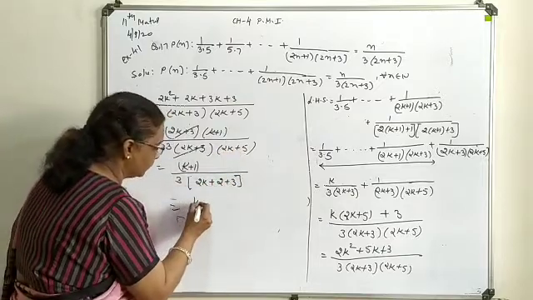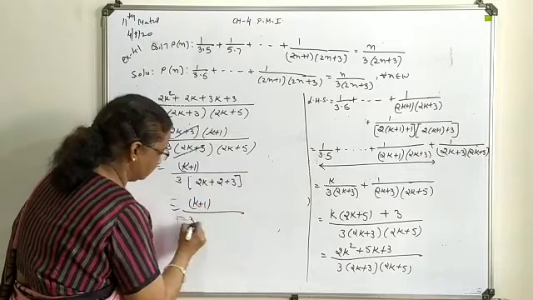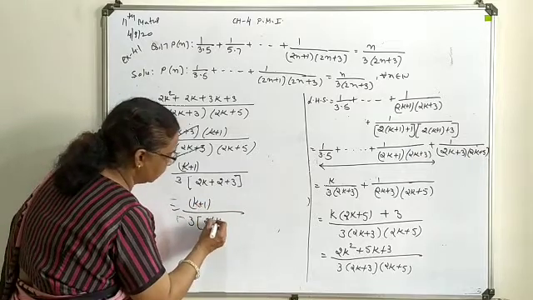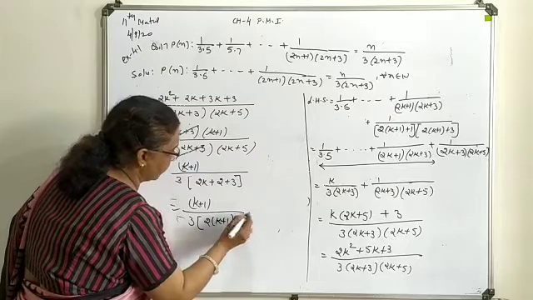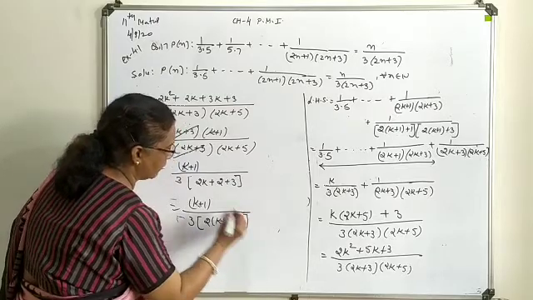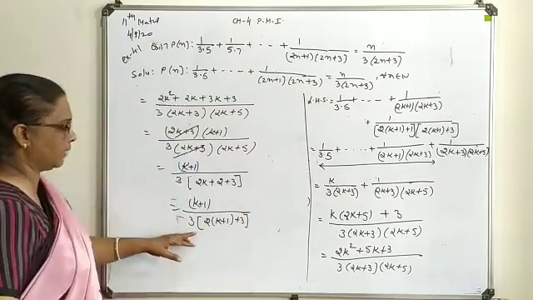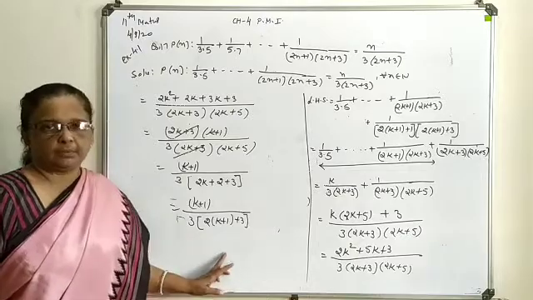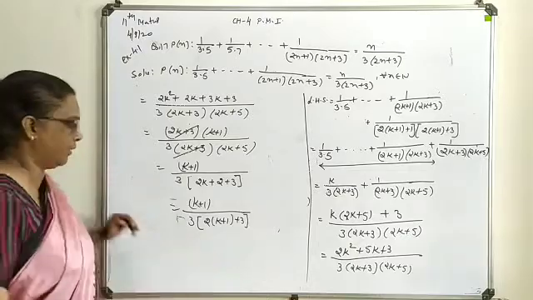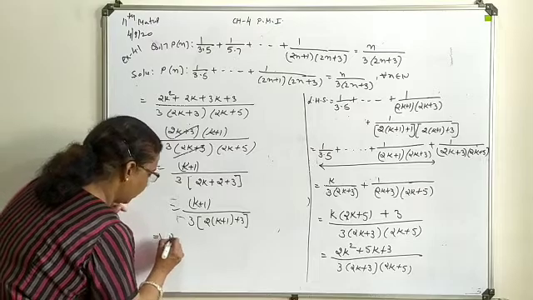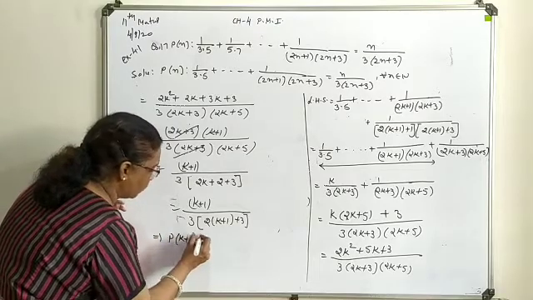Now from here, 2 is common, k plus 1 plus 3. Now you can see on right hand side, we have developed k plus 1 in place of n. So we can verify it here that pk plus 1 is true.